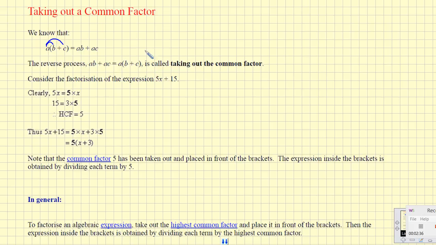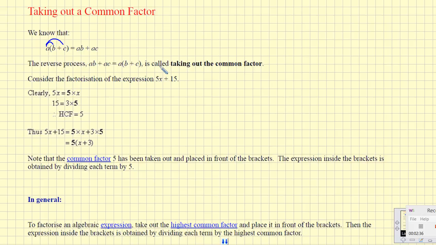The reverse process is called taking out the common factor. So I start off with ab plus ac, and I take out what's common so that I'm left with a, and then the b plus c goes inside the parentheses.